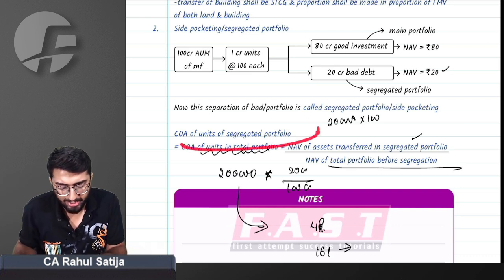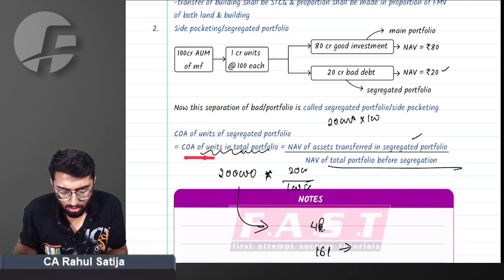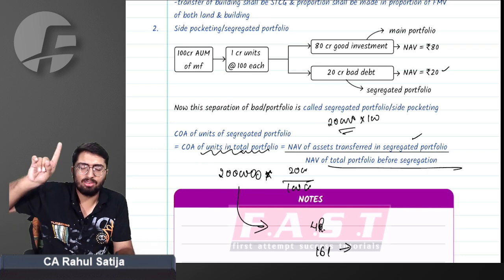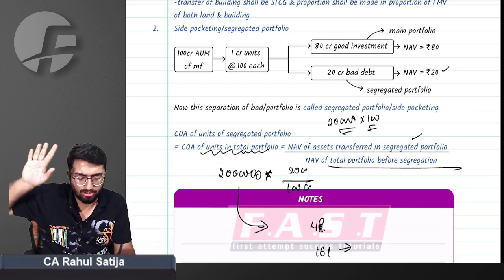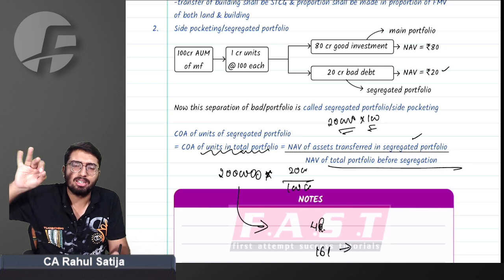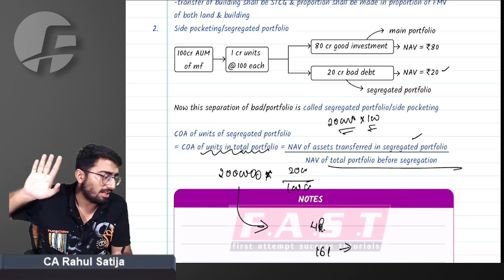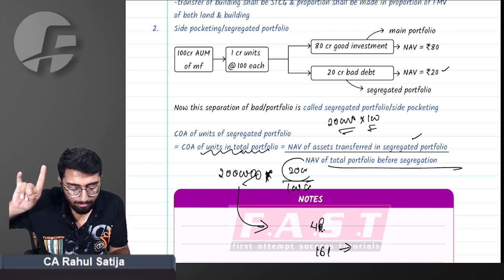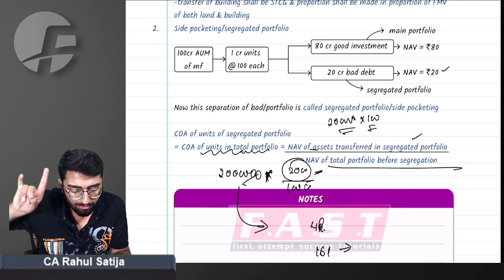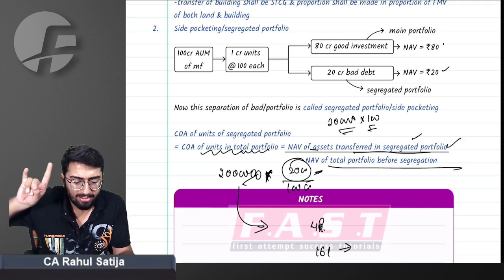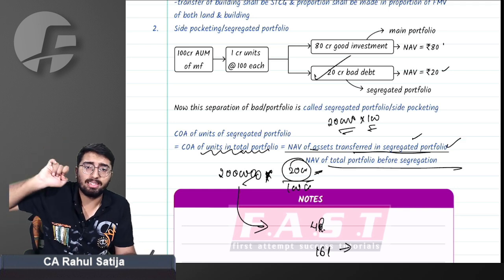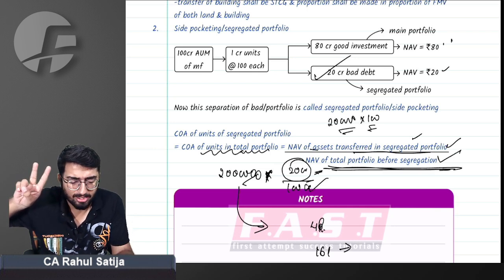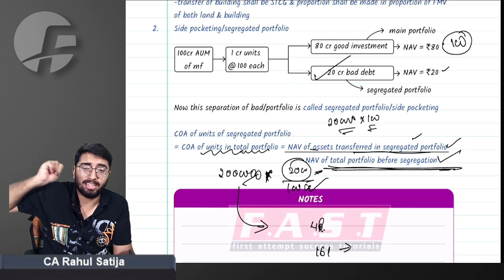Now the cost of acquisition for the segregated portfolio we are calculating. Cost of acquisition of the total portfolio was 20 lakh rupees for me, as I have 20,000 units of 100 each. These 20 lakhs can be bifurcated based on the NAV of the asset transferred to the segregated portfolio, which was 20 CR, and the NAV of the total portfolio before segregation, which was 100.